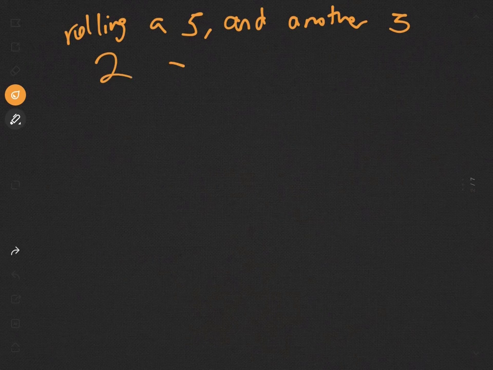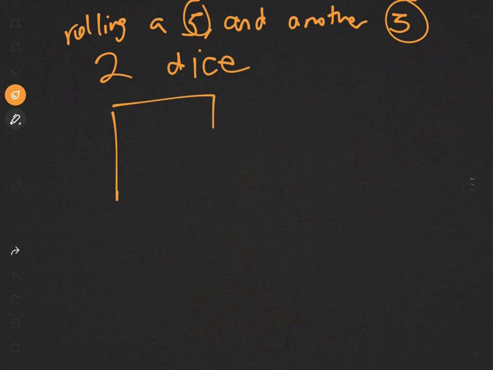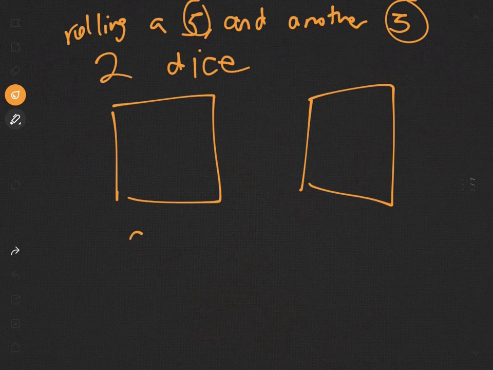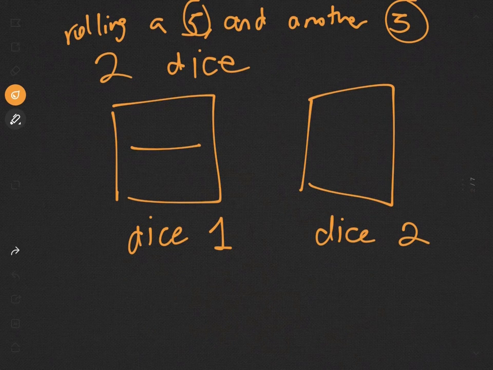Say we have 2 dice, and I want to find the probability of both dice being a 5. So I'm going to set up 2 event boxes. This is dice 1, and this is dice 2. Same thing. Rolling a 5 is 1 out of 6. Rolling a 5 is 1 out of 6.